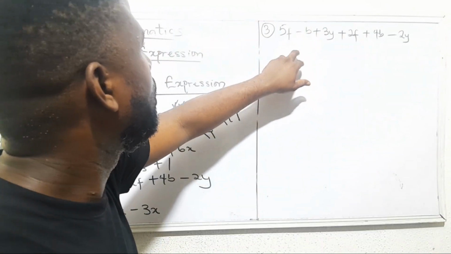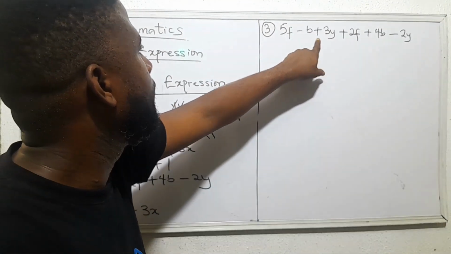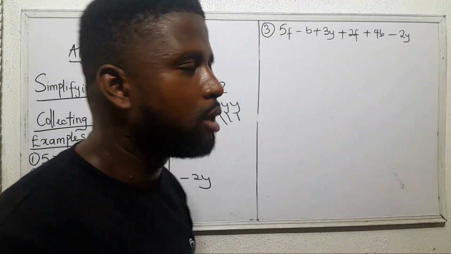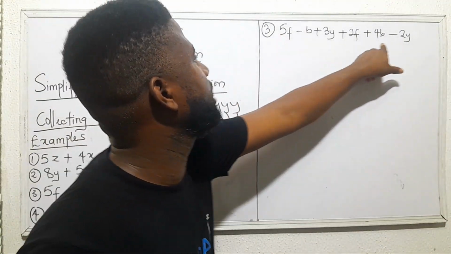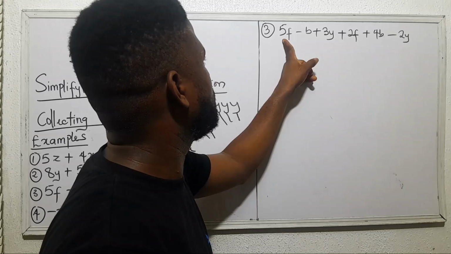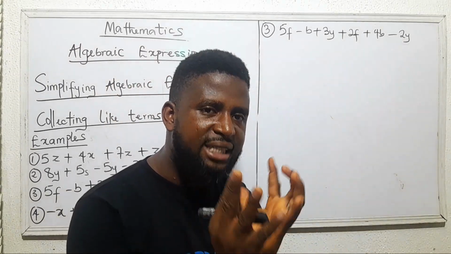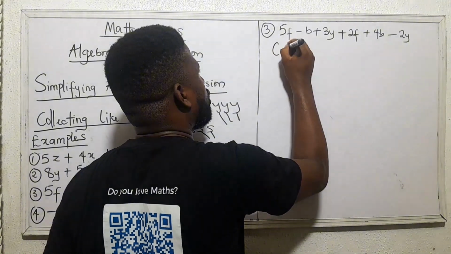Part 3, we have 5f minus b plus 3y plus 2f plus 4b minus 2y. Now we can't simplify this expression because it contains unlike terms. So the first thing to do is to collect like terms.